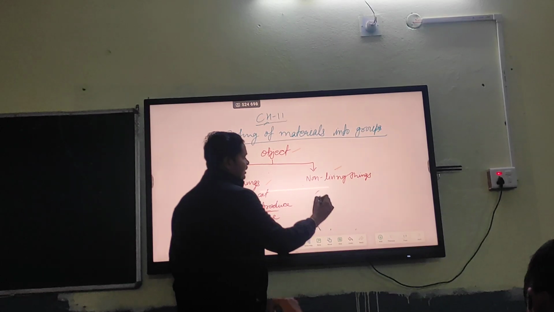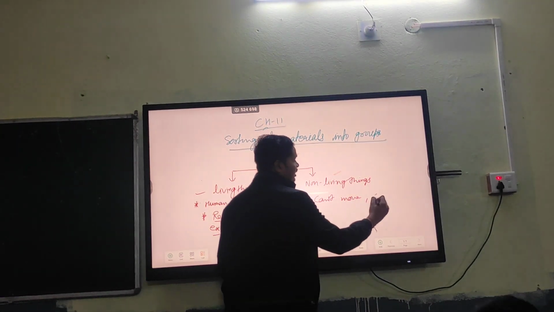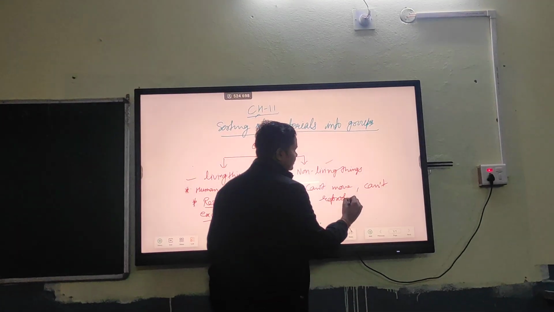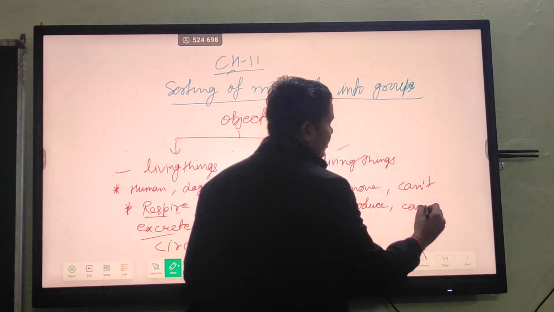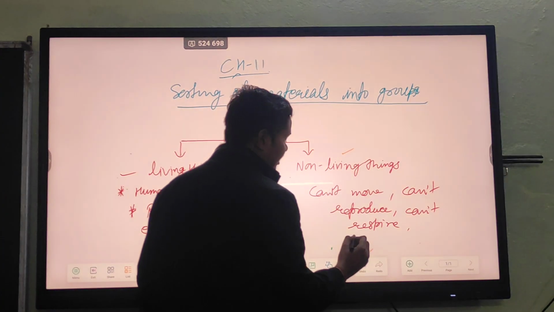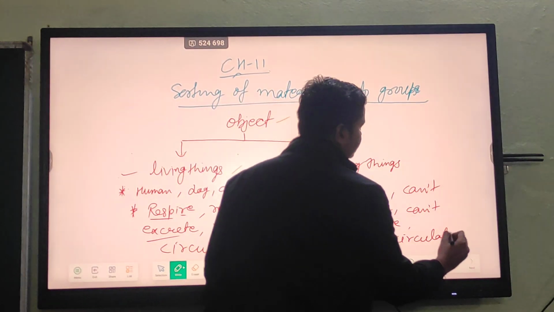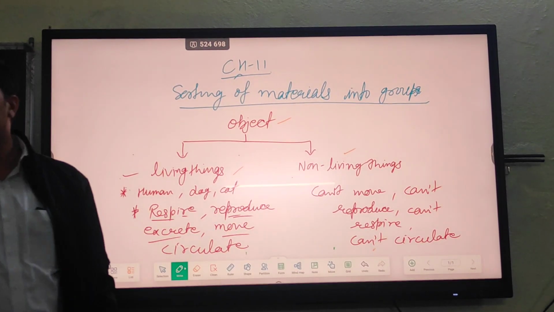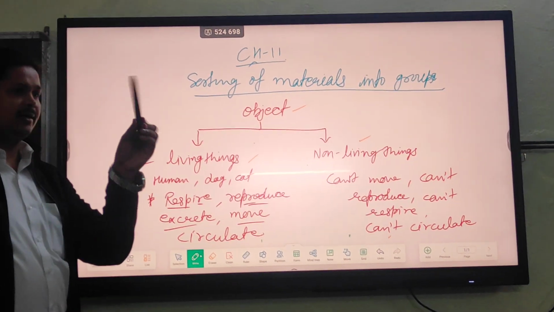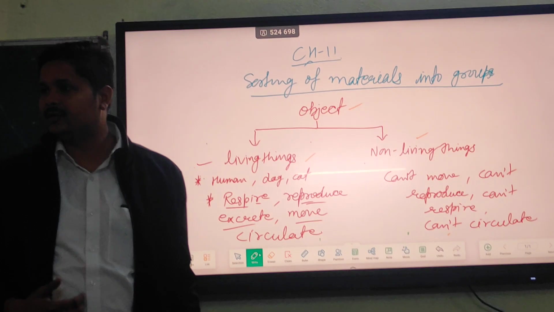Non-living things can't move, can't reproduce, can't respire, can't circulate. Blood circulates in the entire body, so non-living things can't circulate; there is no blood inside them. But inside our body, there is blood.